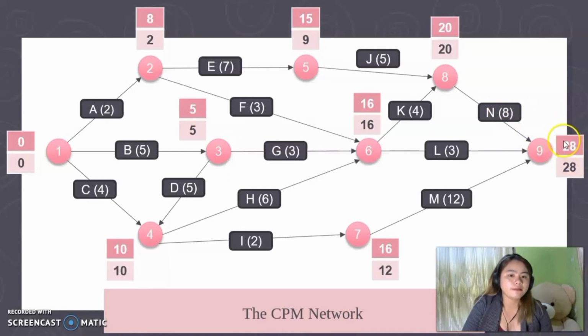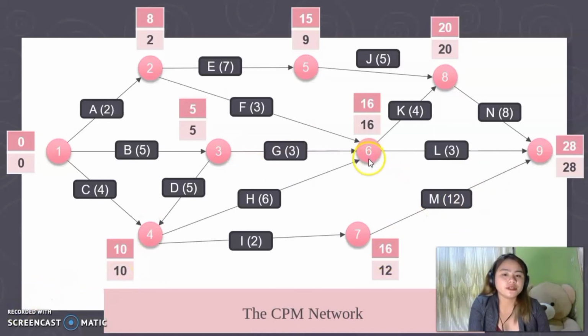So 28 minus 8 is equal to 20. Again, we're going to calculate it backward, because this calculation is a backward pass. Now move to the next node, 7. 28 minus 12 is equal to 16.